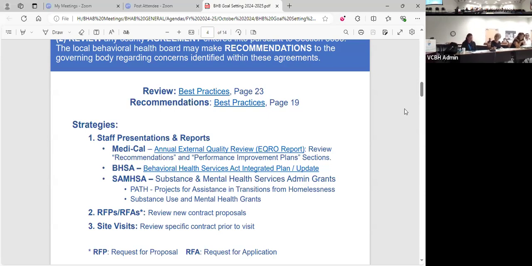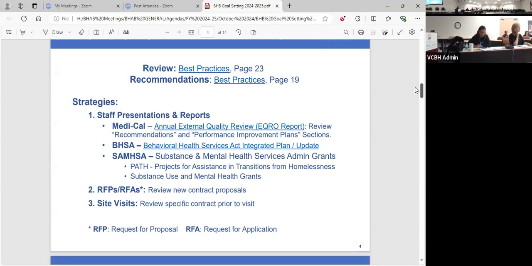Ways to review would be, of course, staff presentations and reports. There's information that you can review regarding the agreements that the county has. There's a report called Annual External Quality Review, EQRO, that provides recommendations. So annually, the county gets an audit, and there are recommendations that are made.